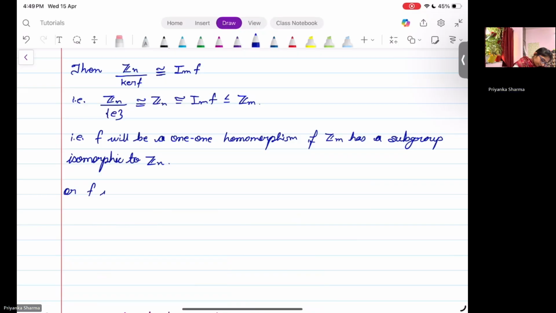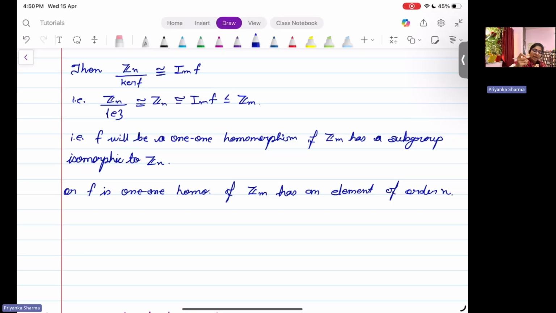Or F is a 1-1 homomorphism if Zm has an element of order n.